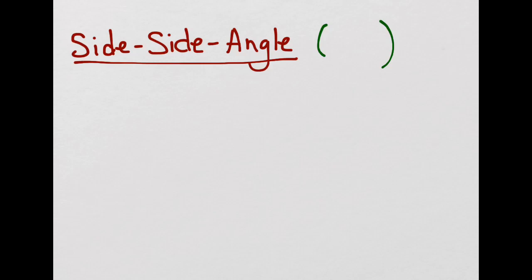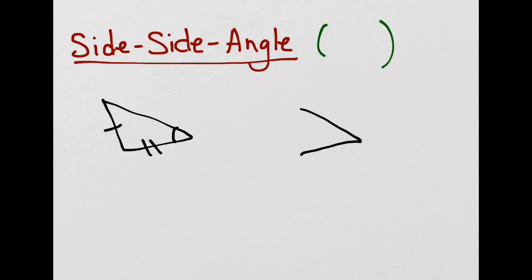So let's say we've got something like this where we've got a side and an angle. This is why it wouldn't work. We could also have this same angle being congruent. This side is congruent to the other tick-marked side.